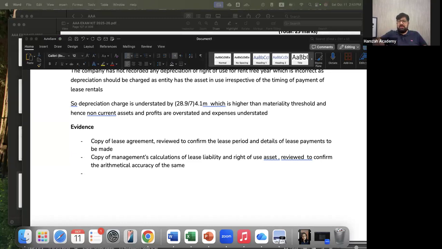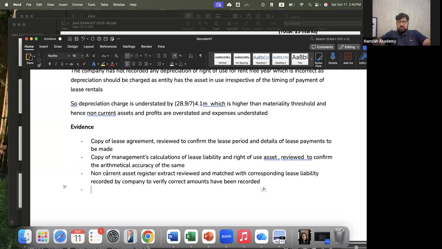They will keep that in the audit file. So that should be here: non-current asset register extract or copy reviewed and matched with the corresponding lease liability recorded by the company. The purpose is to verify correct amounts have been recorded, the same amounts at both places.